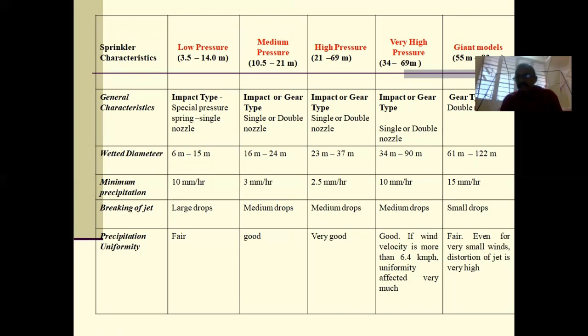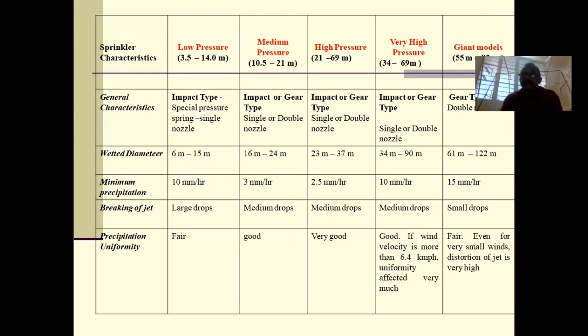We get a larger precipitation of 10 millimeter per hour. We get medium droplets, and we get a precipitation uniformity very good. But if the velocity of the wind is more, then uniformity gets very much affected, and if the velocity of the wind is more than 6.4 kilometers per hour, uniformity gets affected very much.